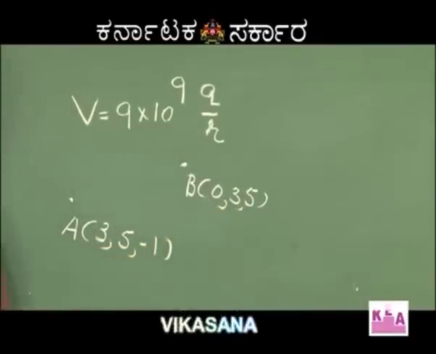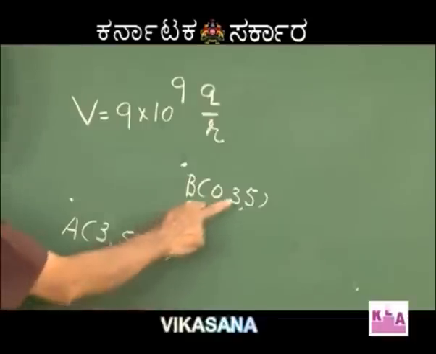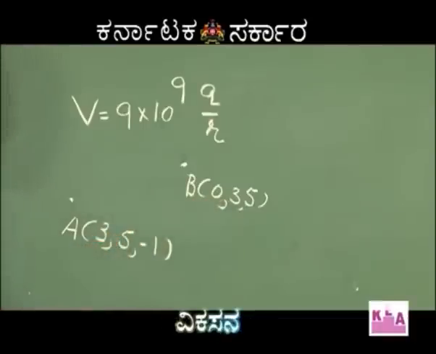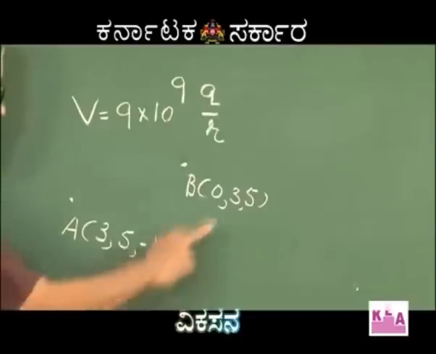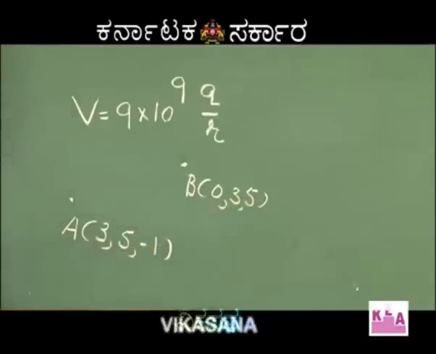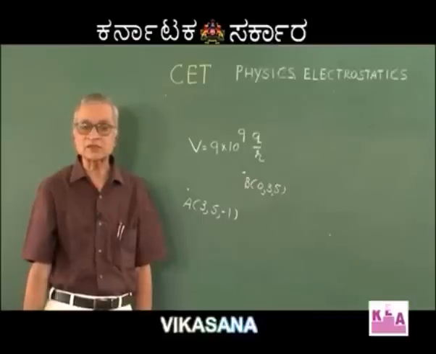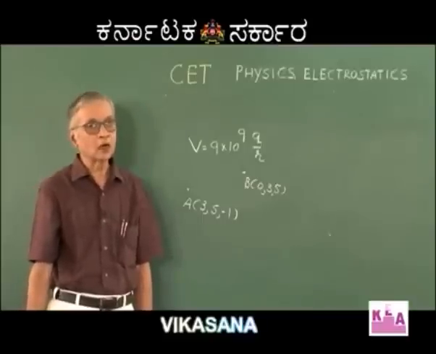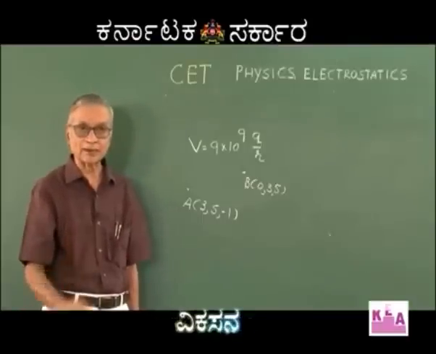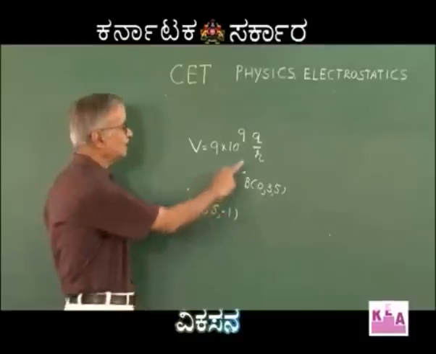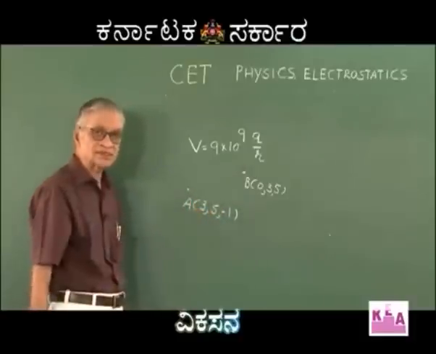It can be done orally. 0 minus 3 whole square is 9. 3 minus 5 whole square is 4. 9, 4, 13. 5 plus 1 whole square is 36. 36 plus 13 is 49. Root 49 is equal to 7. Hence, you agree that R is equal to 7.